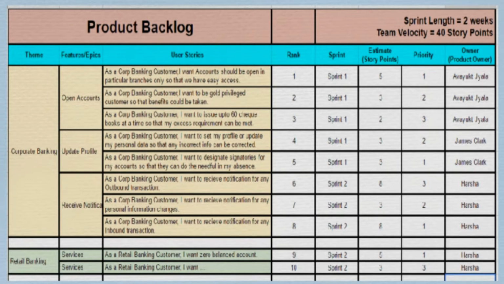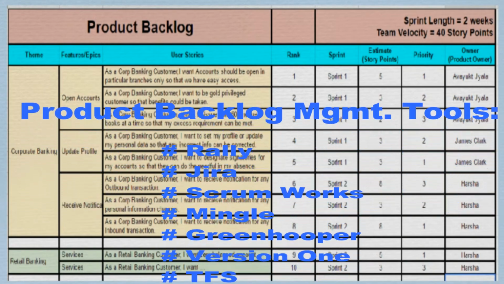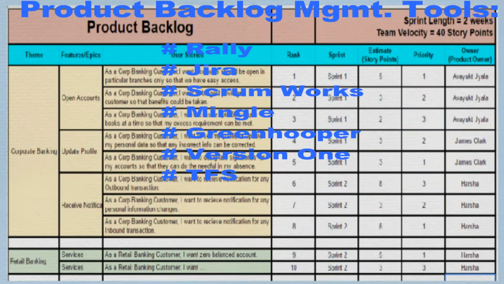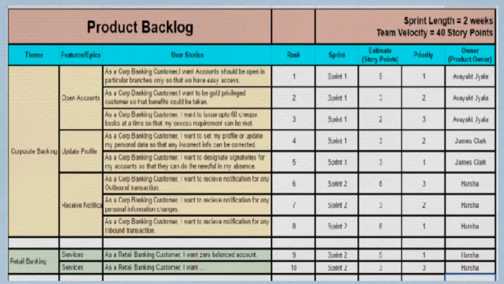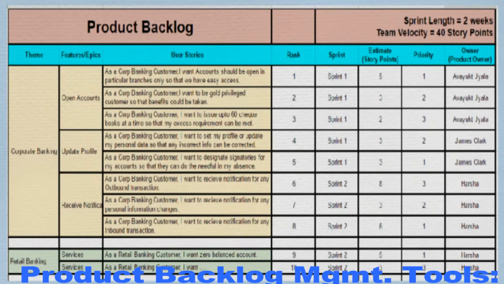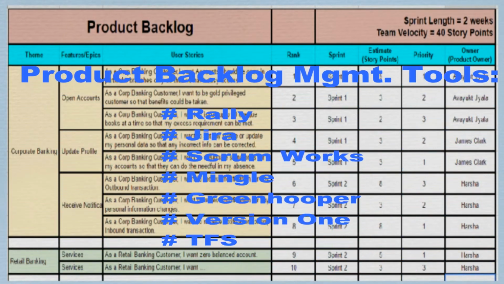And each user story is streamlined to respective sprints. Also, estimation for each user story is done. Priority is set for each user story, 1 being urgently required, 2 highly required, 3 medium, and 4 low priority.